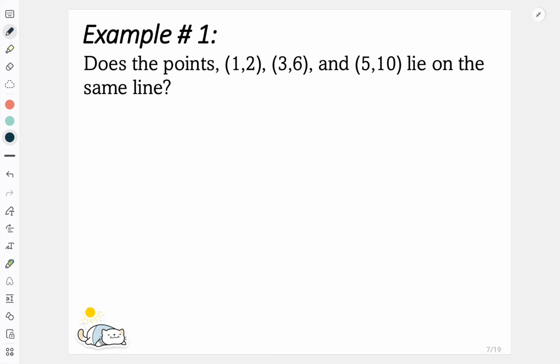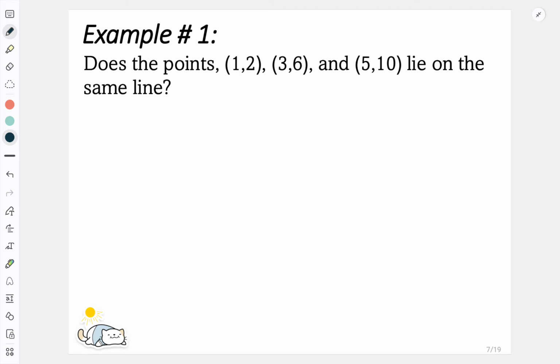Take note that this type of question, asking whether they are collinear or not, are just the same. So how do we answer this? We just get the slope of any 2 points of these 3 points, and then we show that whenever you get the slope of any 2 points, they will all be the same.